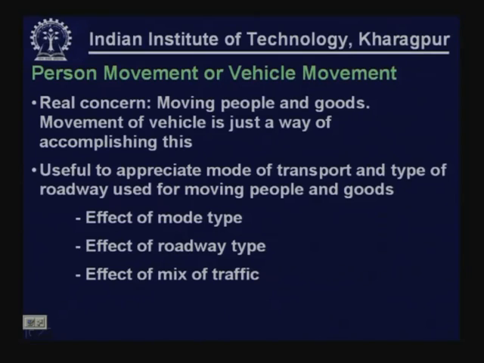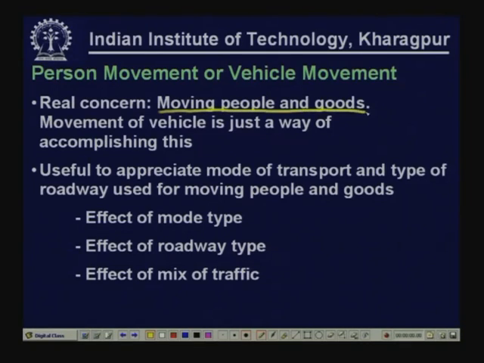Often we face this confusion in traffic engineering: what is our primary concern or real concern, whether it is person movement or movement of vehicles. It is worthwhile to mention that the real concern is movement of people and goods.